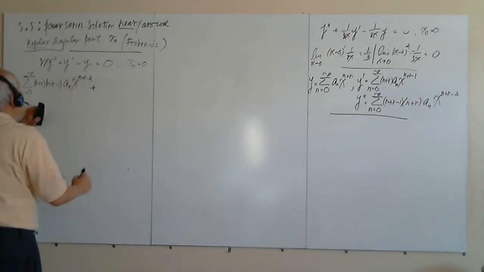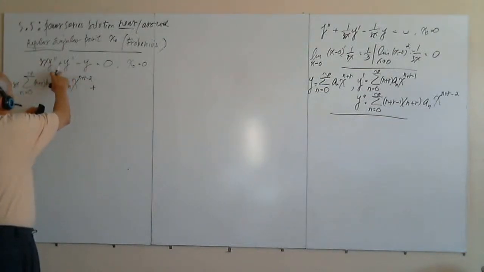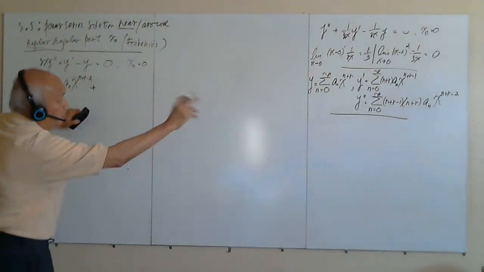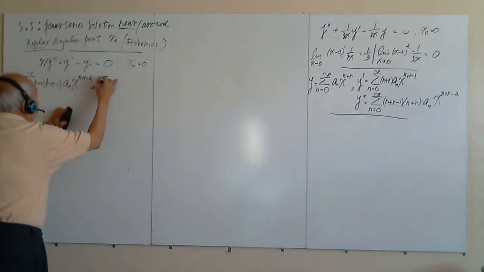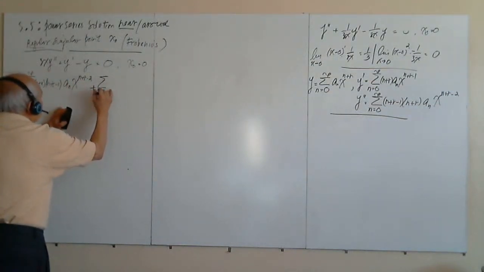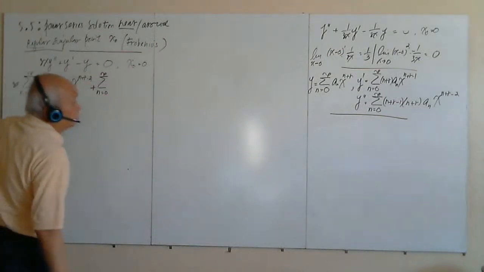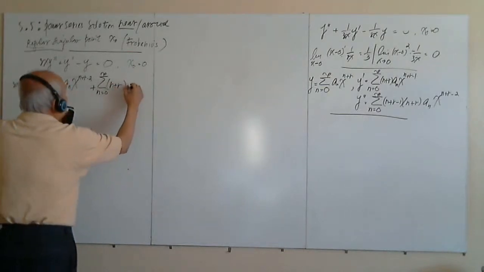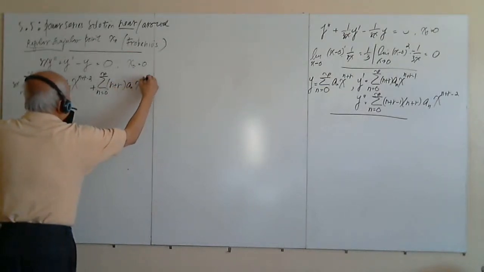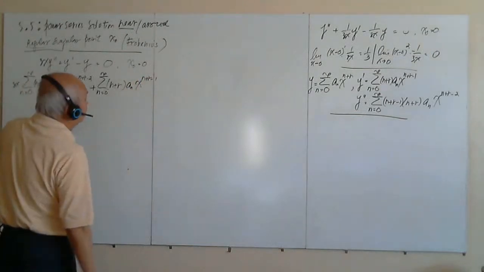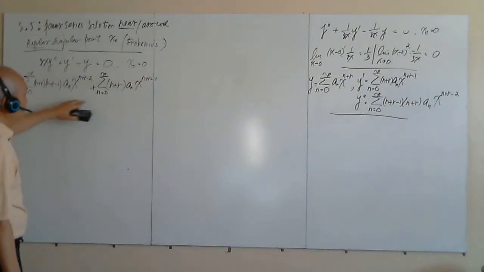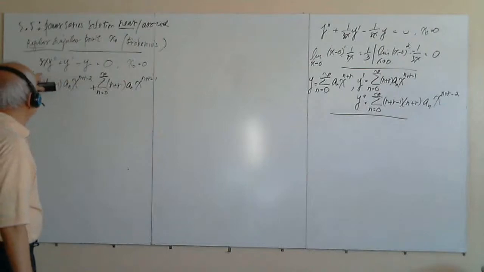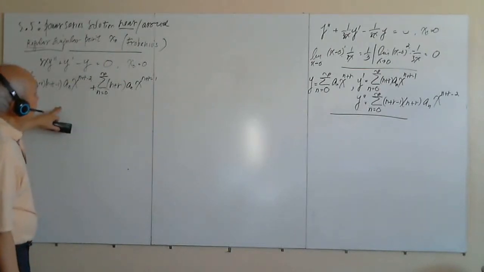And then plus here, I don't have anything as coefficient, so I'll just plug in exactly the single prime from my right hand side: the sum, n equal to 0 to infinity, of n plus r, a sub n, x to the n plus r minus 1. Everybody okay? So it's just a matter of plugging in what I got here into the DE itself, right?